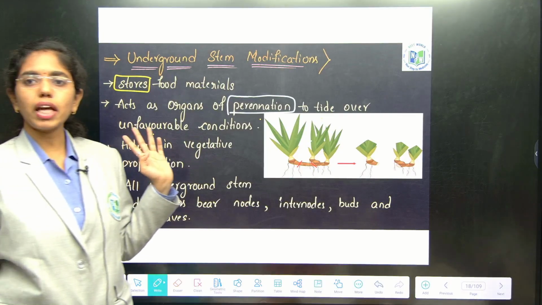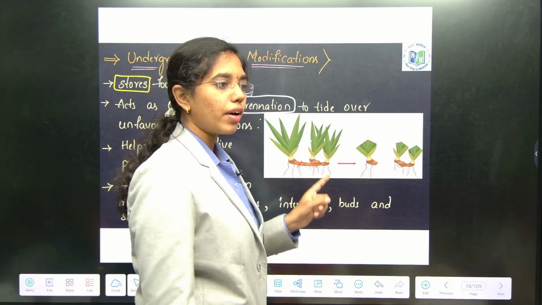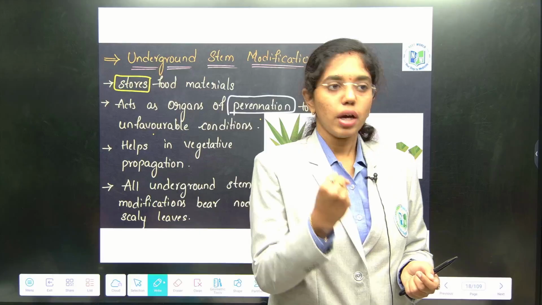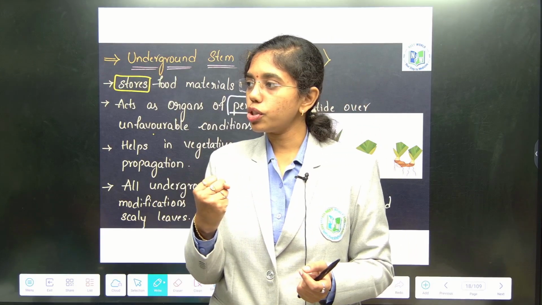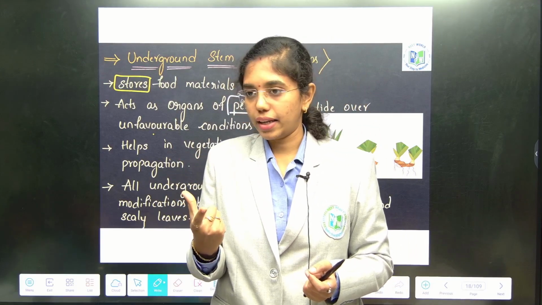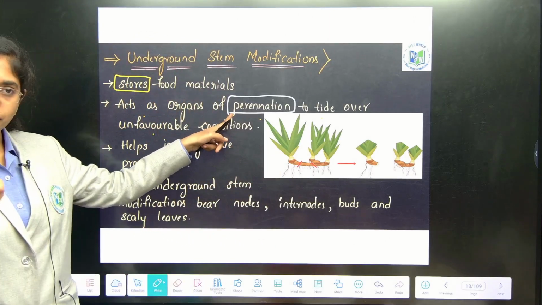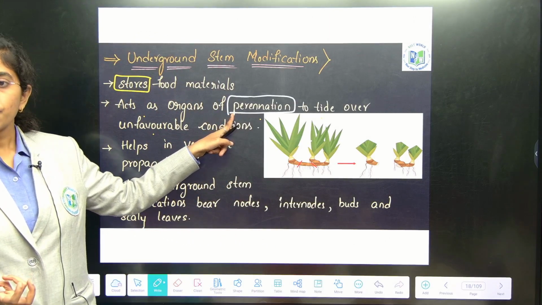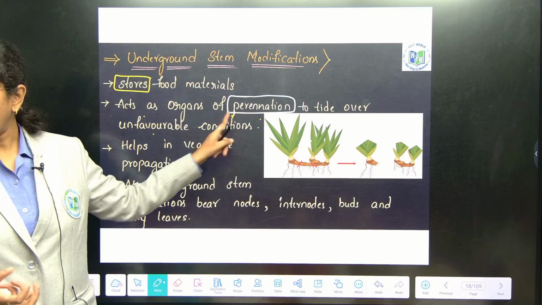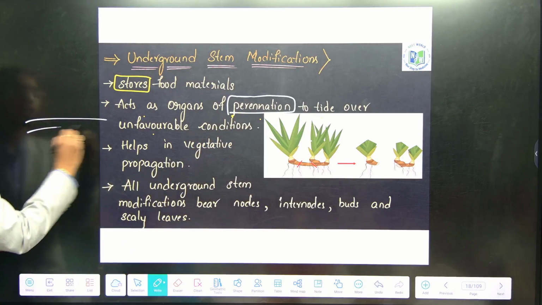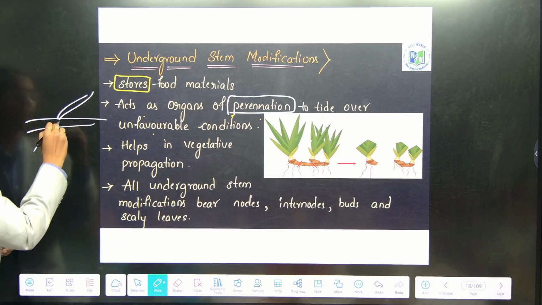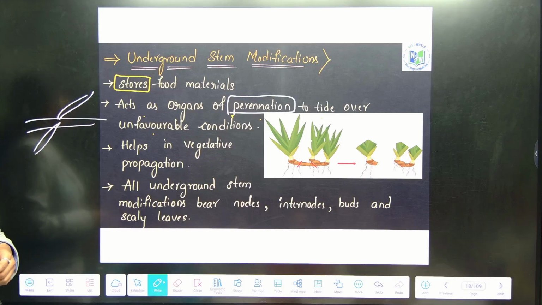Same is the case with an endospore. In unfavorable conditions it survives, and whenever favorable conditions resume, it gives rise to a bacterium. Same here: in unfavorable conditions the stem survives, and when favorable conditions resume, a new plantlet will arise from the nodal region, which promotes what?